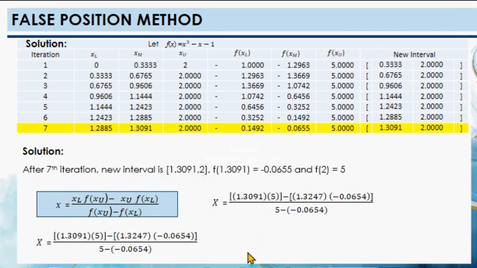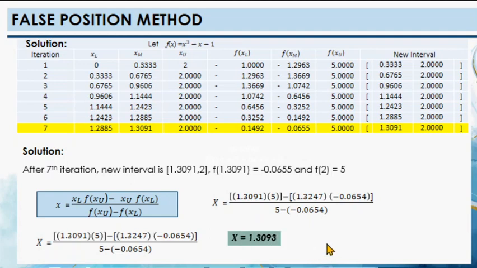So, after 7th iteration, the new interval is 1.3091 and 2. Ang f of 1.3091 natin is negative 0.0655 and yung f of 2 naman natin is 5. Plug in nga lang natin itong mga values na to dun sa ating formula.